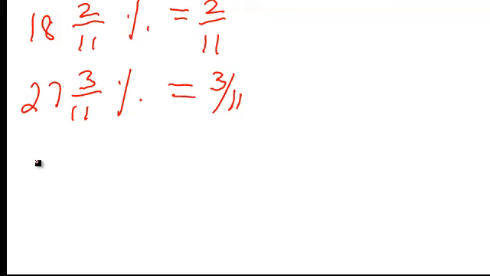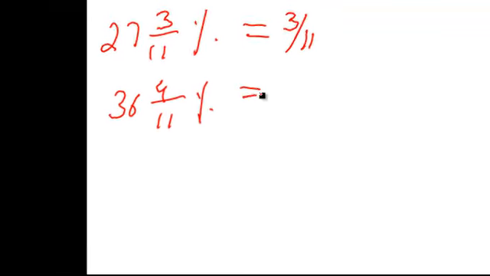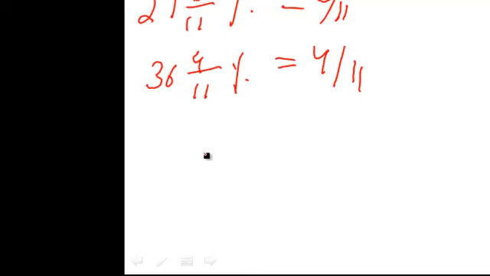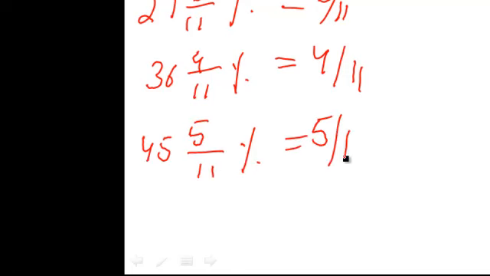Multiplying the first value on both sides by 4, it is 36 4 by 11%, equal to 4 by 11. Multiplying the first value on both sides by 5, that is 45 5 by 11%, and it becomes 5 by 11. So on, multiplying on both sides the first value with 6, 7, 8, 9 and so on.